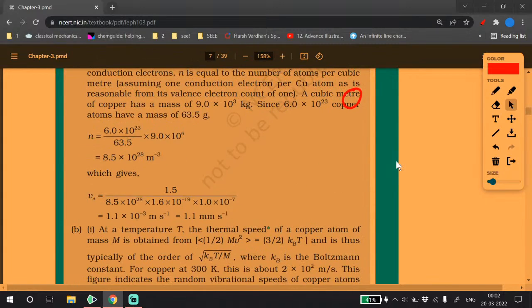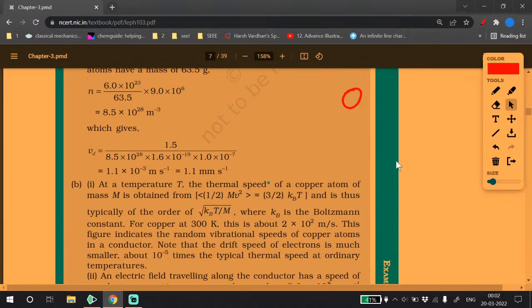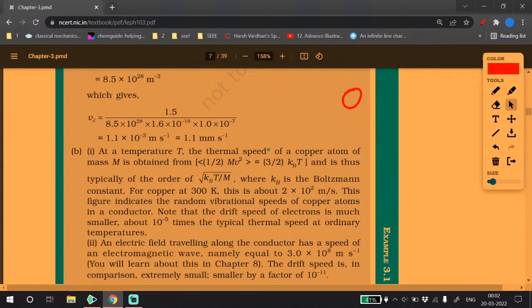So we have drift velocity of order millimeter per second, about 1 millimeter per second. The copper itself is solid, so it only vibrates, but that itself has about 200 meter per second.